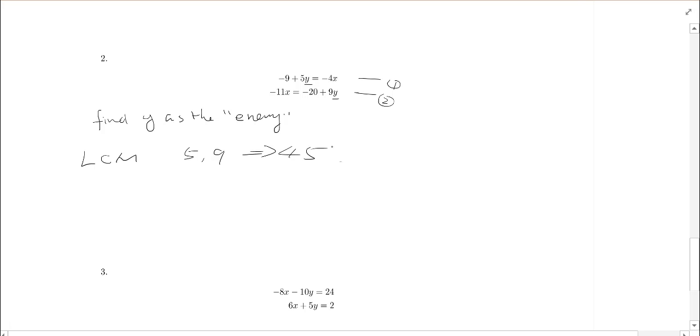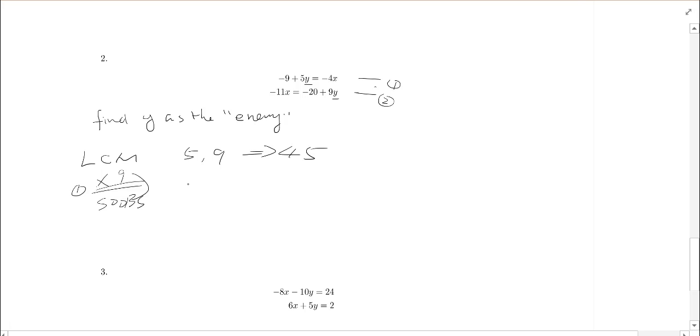So the first equation needs an operation. Remember I already labeled this one as the first equation, so I'm going to multiply it by 9.